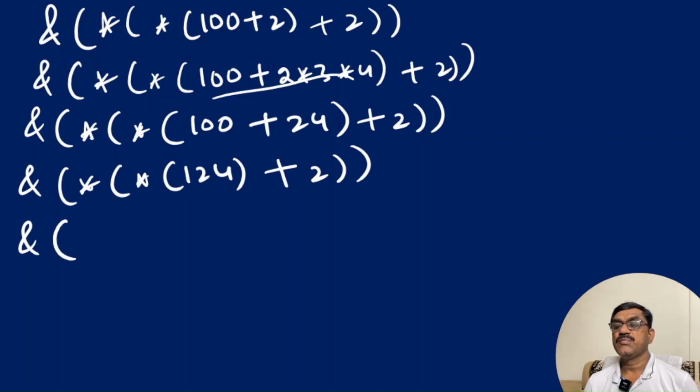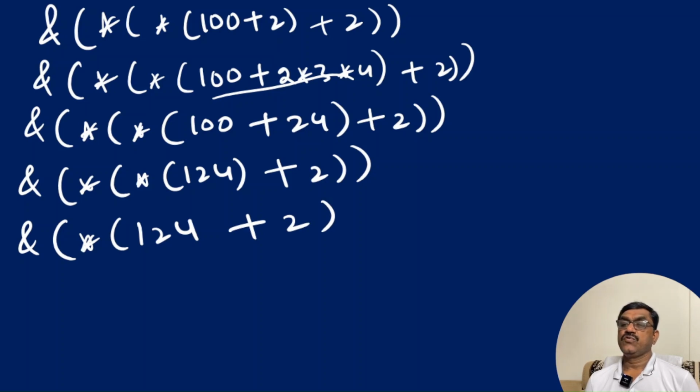This implies &*(124+2), again 124 only. See, &*(124). What does *(124) mean? Value at 124, address at 124, value at 124, again 124.